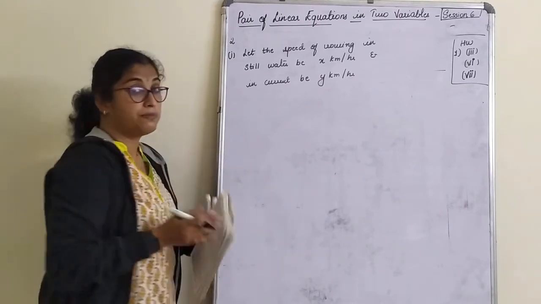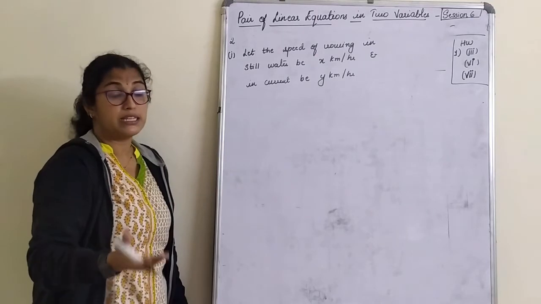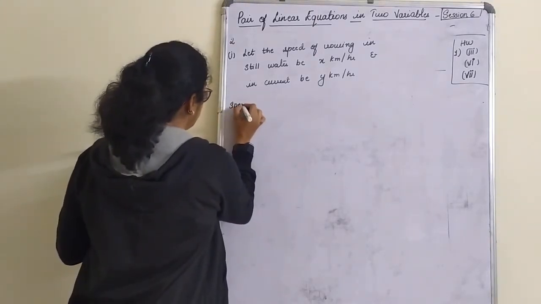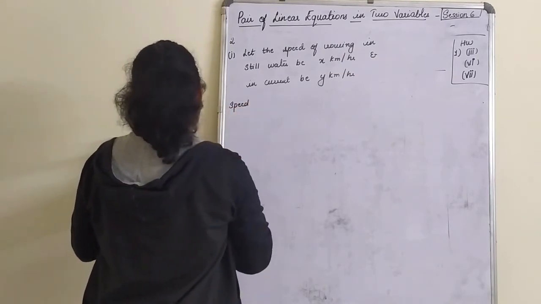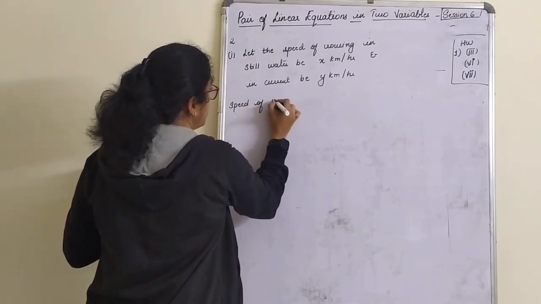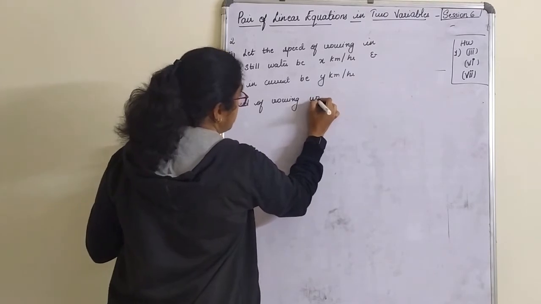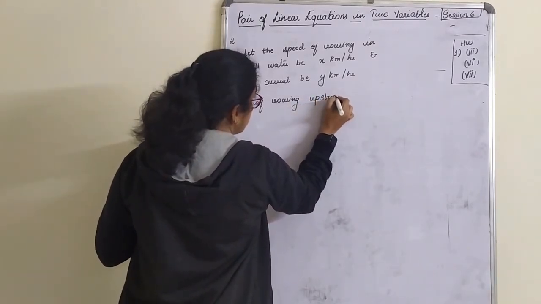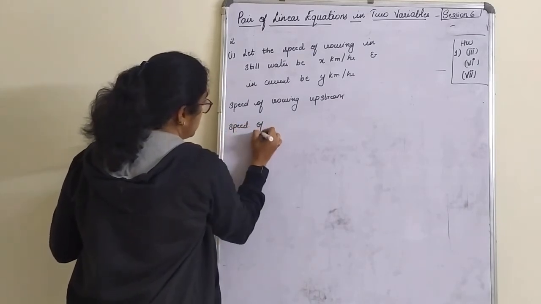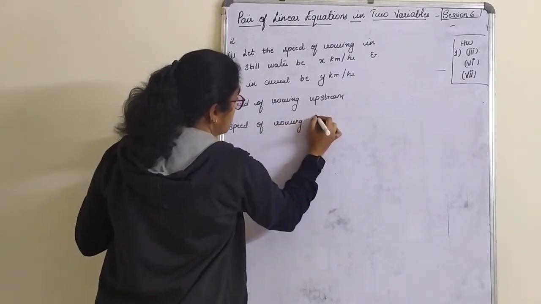Whenever we talk about upstream and downstream, downstream is always plus and upstream is always minus. What they have given here is the speed of rowing upstream and the speed of rowing downstream.